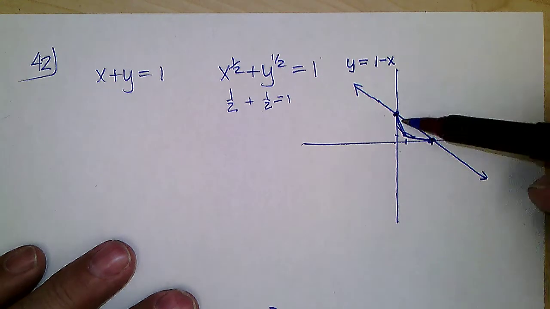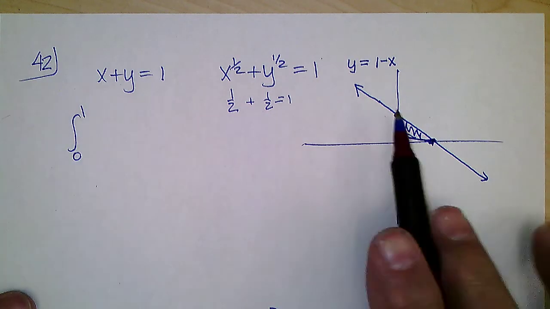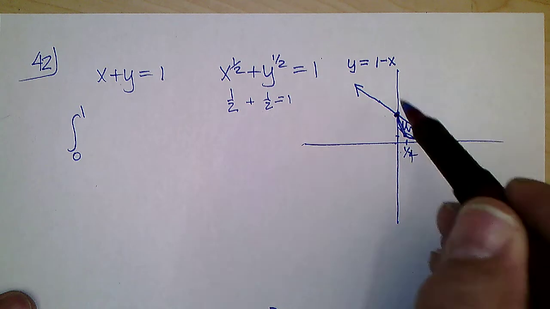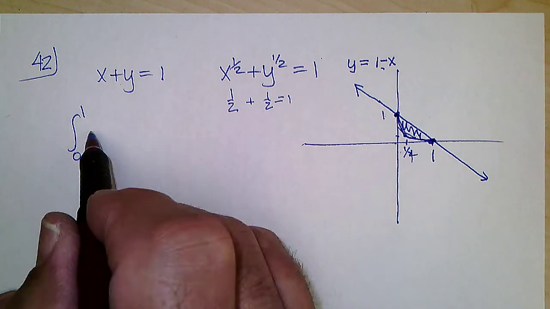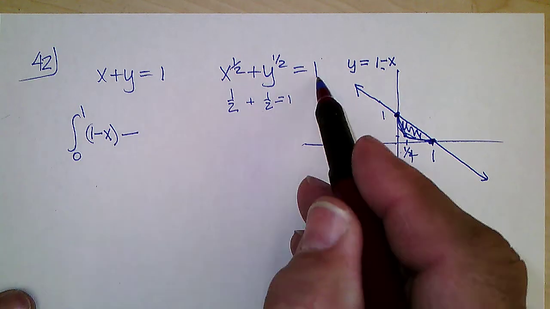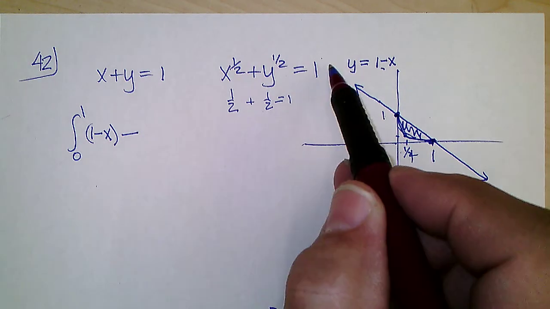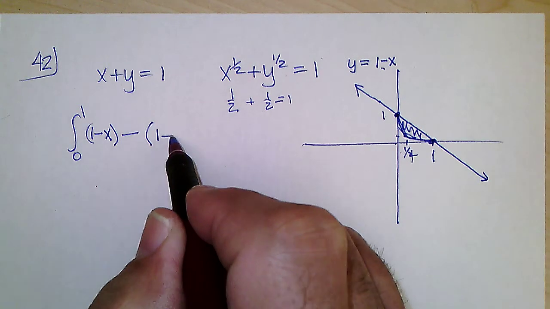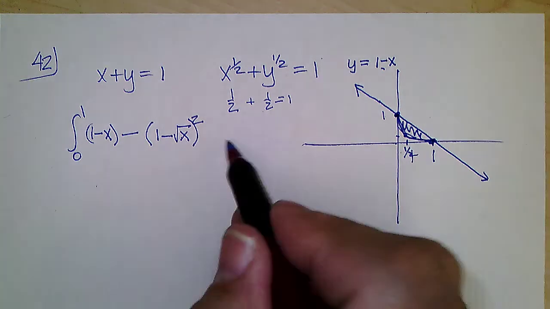So the area enclosed would be between them, and it would be the integral from 0 to 1 of the line, which is 1 minus x, minus this one. Now if I tried to clean this up, I'd subtract the square root of x and then square both sides. So I'd have 1 minus the square root of x, and then squared. That's what y would be.